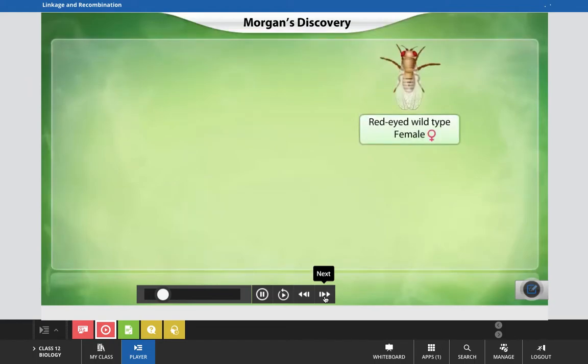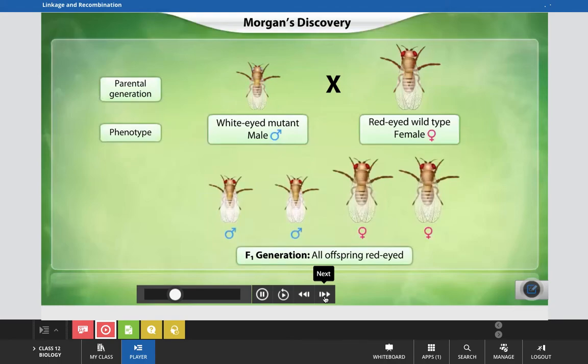The fruit fly usually has red eyes, but in 1910, Morgan found a male fly with white eyes. He crossed this mutant male with a red-eyed female. All the offspring in the F1 generation were red-eyed.